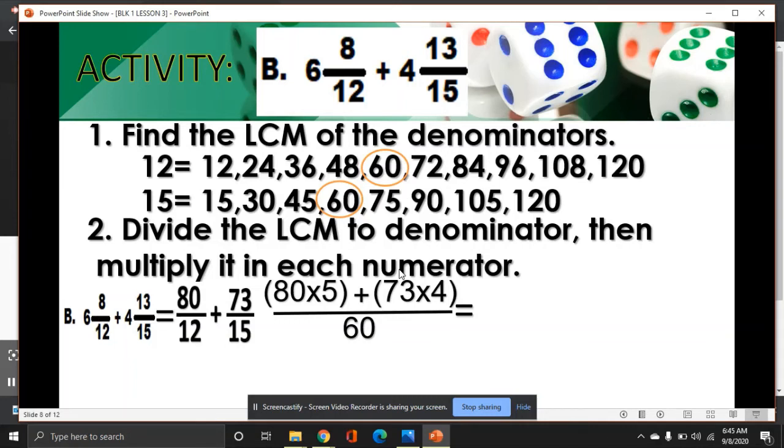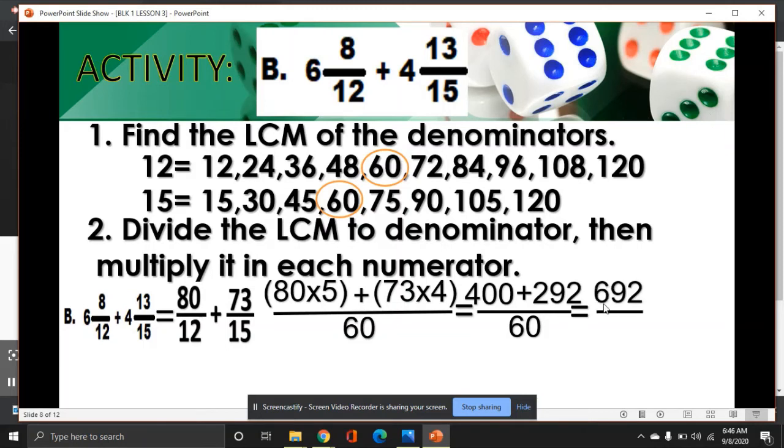So we have here 80 times 5, that is 400, plus 73 times 4, that is 292, and copy our denominator 60.